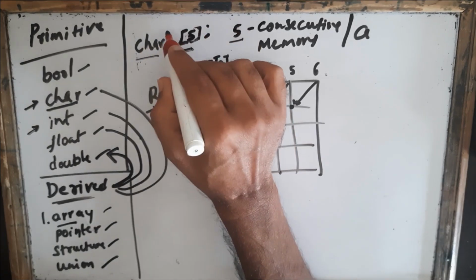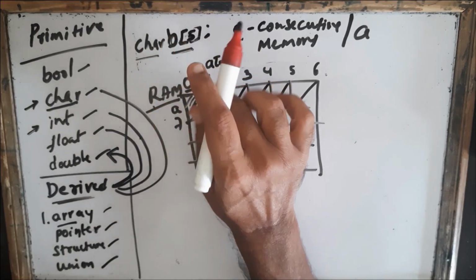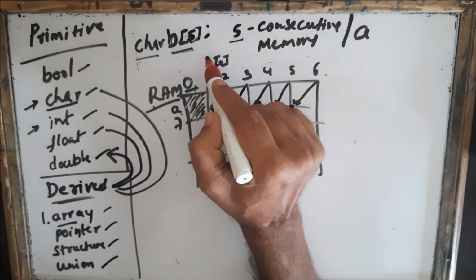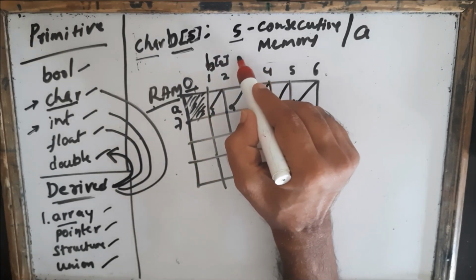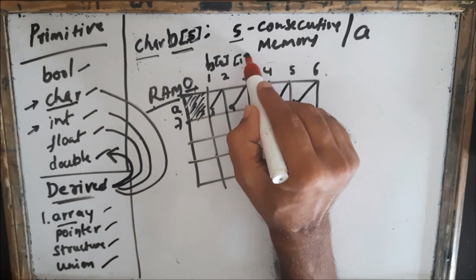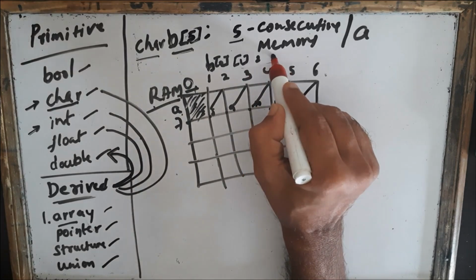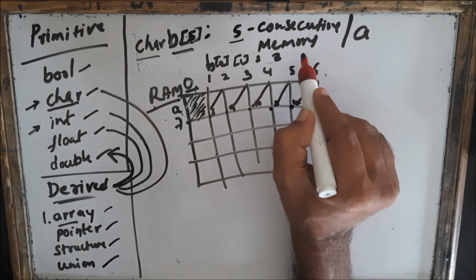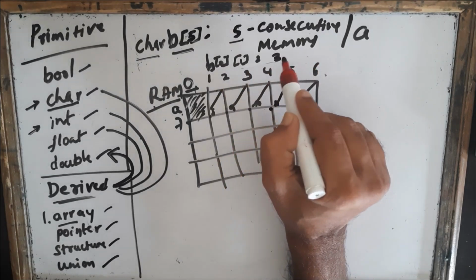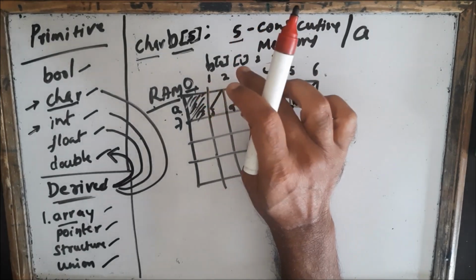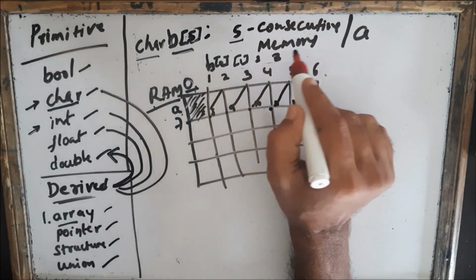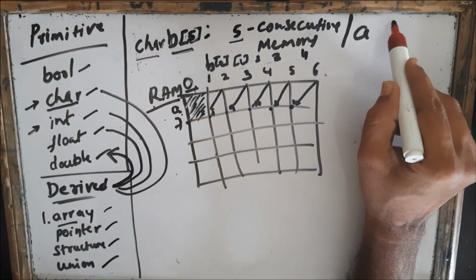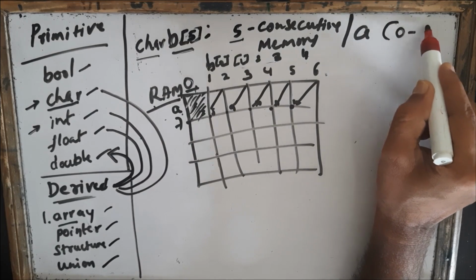Let's name it B, so we don't confuse it with this A. So B of 0, this is B of 1, 2, 3, 4. This will be allocated 0 to 4.